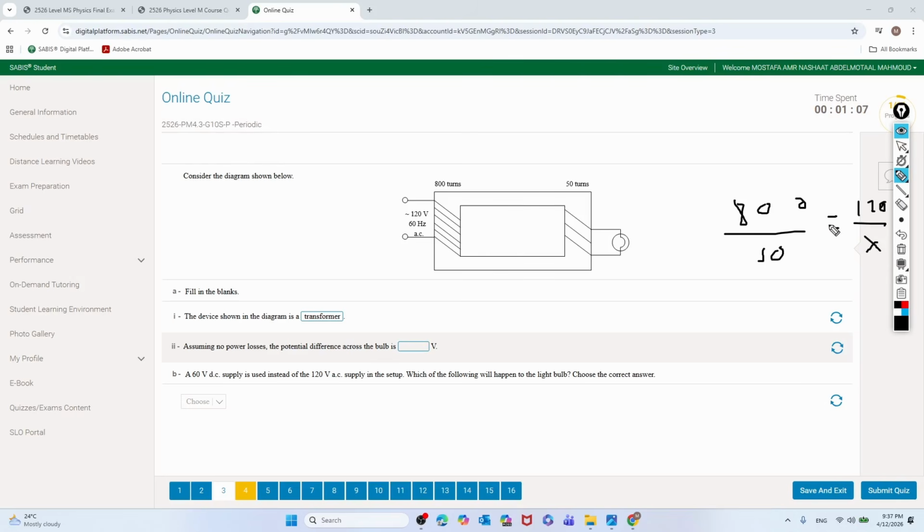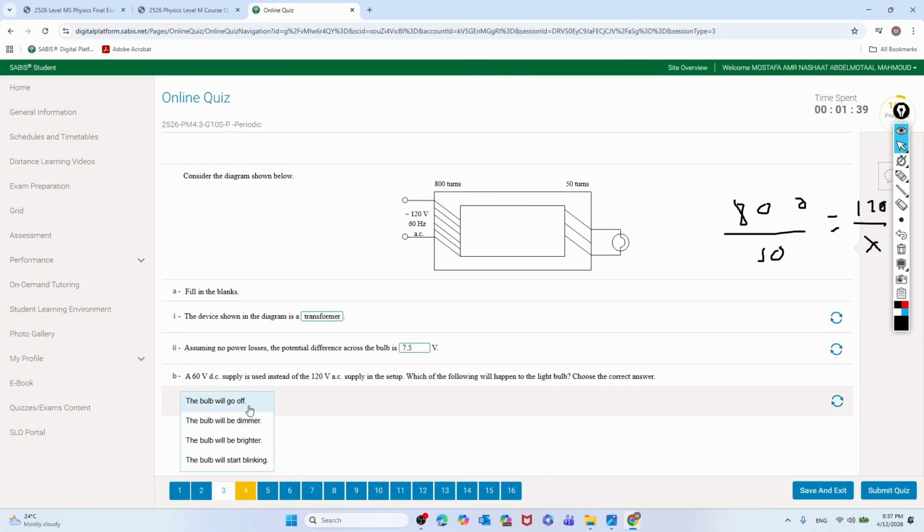So 800 over 50 equals 120 over x, you get 7.5. A 60 volts direct current. Okay, so the bulb will go off. Direct current means the magnetic field is not changing, so there is no induction, it doesn't work.